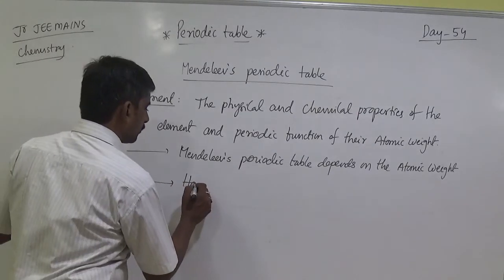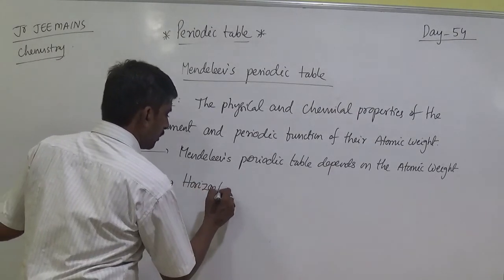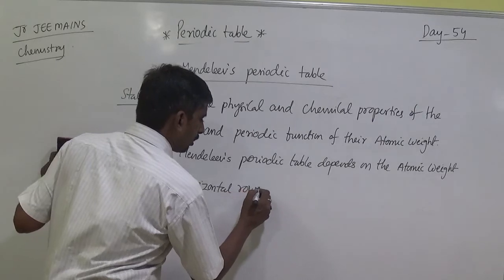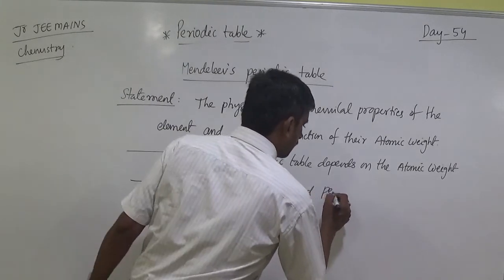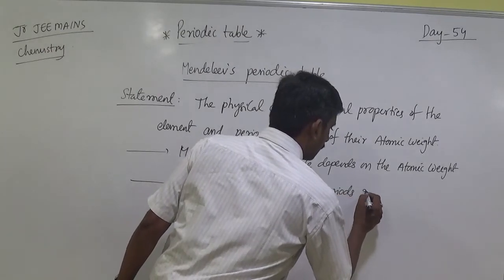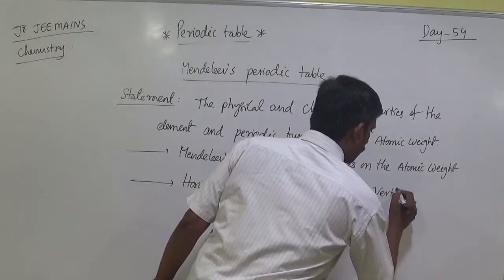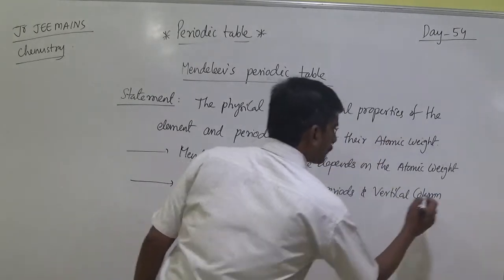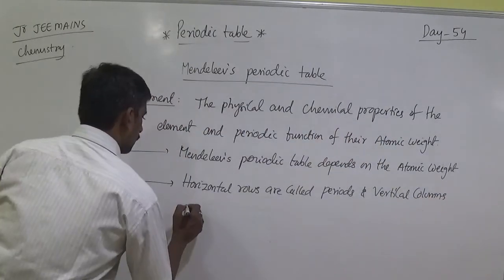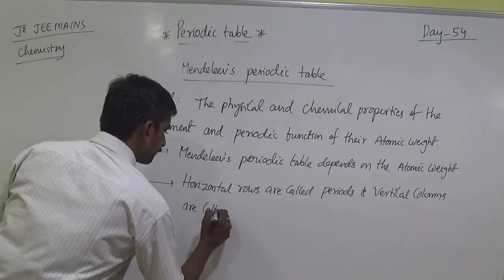Horizontal rows are called periods, and vertical columns are called groups.